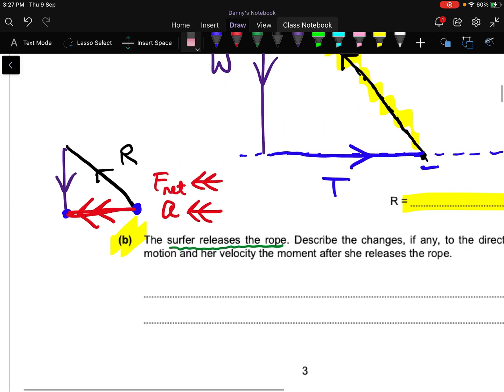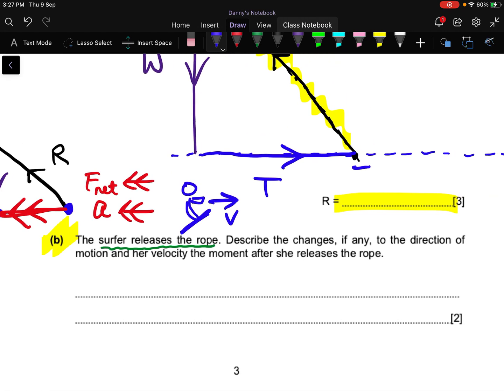Here, when the surfer released the rope, the surfer is actually going in this direction. So your direction of motion is still going forward, but you will be slowing down because your acceleration and your velocity are in different directions.